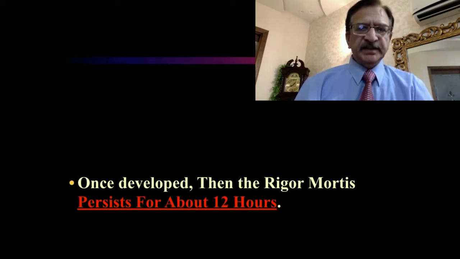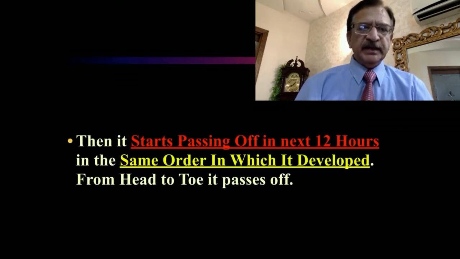First, it takes 12 hours to develop, and then for 12 hours it persists. And then it starts passing off in the next 12 hours in the same order in which it has developed. That is, from head to toe, it will pass off.